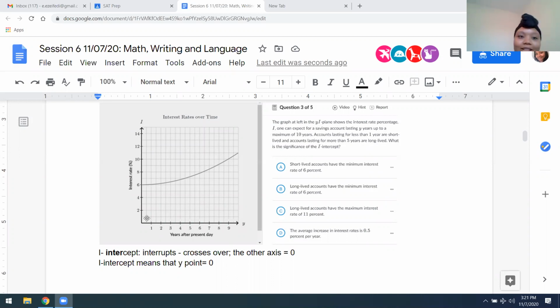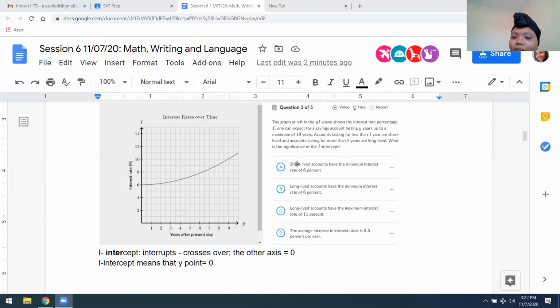We have the y-axis, we know the intercept is 6, and we know what an intercept is in general. We want to glance at these questions to see how they're framing it, because we'll see that we have to translate something else first before we're even able to answer the questions.